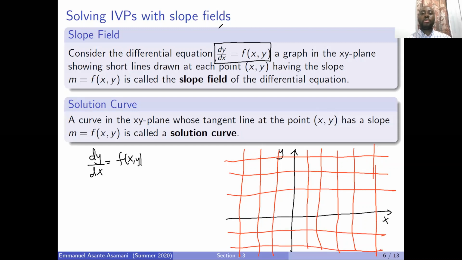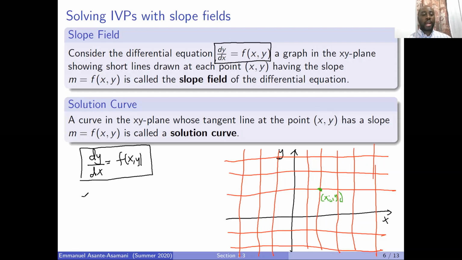Then at any point, let's pick one point here. Let's call this point xi, yi. At any point here, I can use my differential equation to calculate the derivative of my unknown function, because that is exactly what the differential equation tells me.